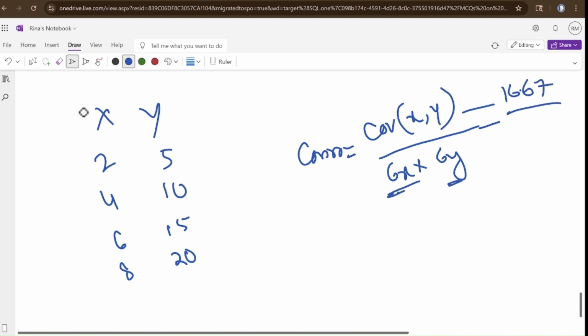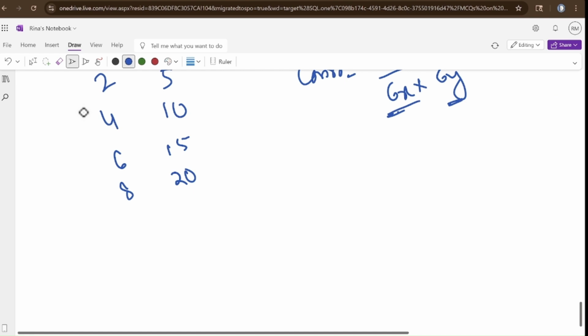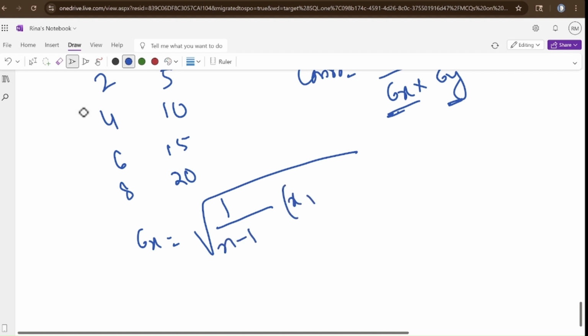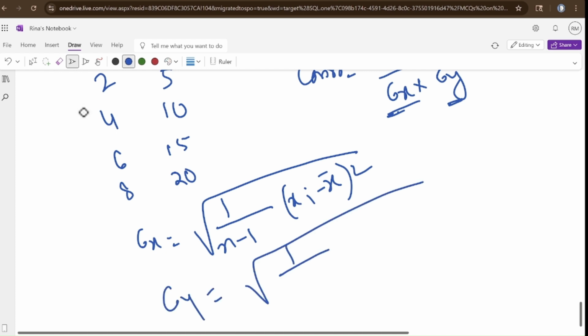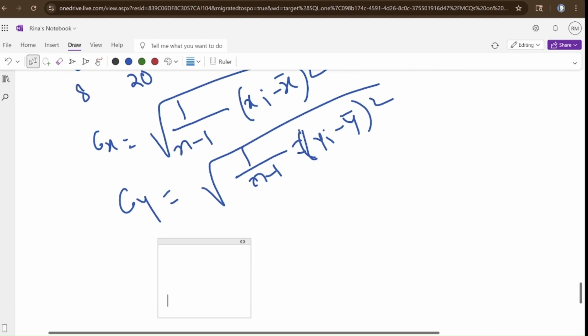Now we have to calculate sigma x and sigma y. Sigma x equals the root of 1 by n minus 1 times the sum of (xi minus x bar) whole square. In the same way, sigma y equals the root of 1 by n minus 1 times the sum of (yi minus y bar) whole square.